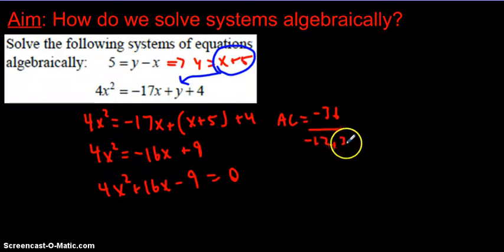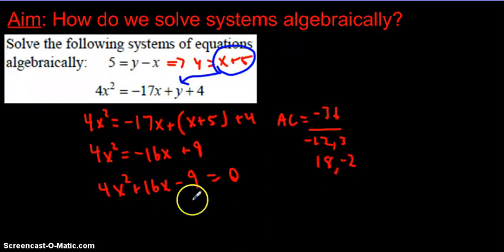So I need this number to be bigger and that number to be smaller. This one to be positive and that one to be negative. So what number goes in here? 5, 6, 9. I need something bigger than this. 18. So 18 and negative 2.